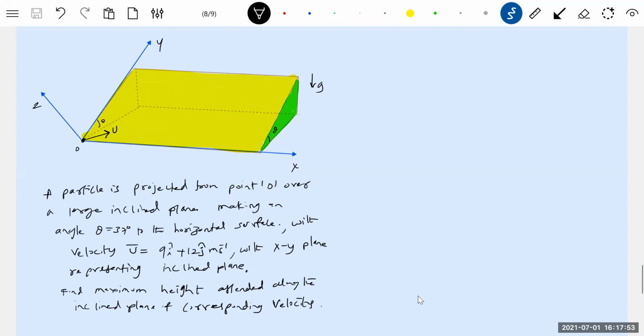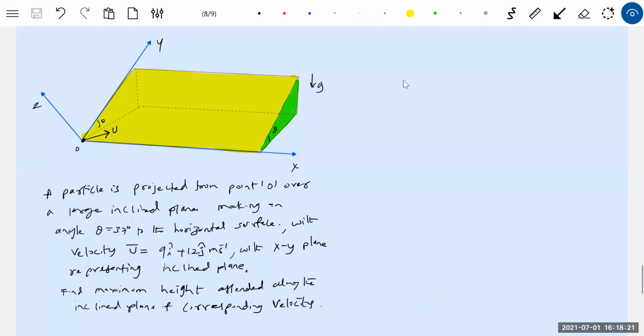What is the z-axis? The z-axis will be perpendicular to the inclined plane. So what can happen to it? It's going to just move.